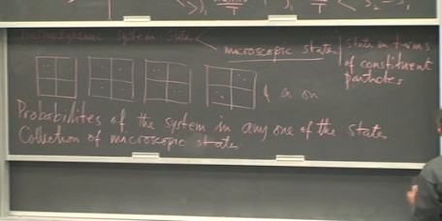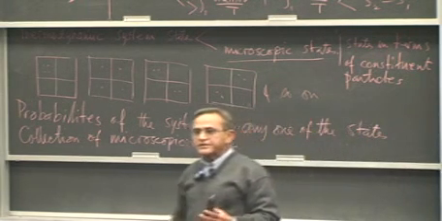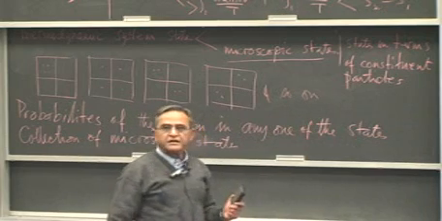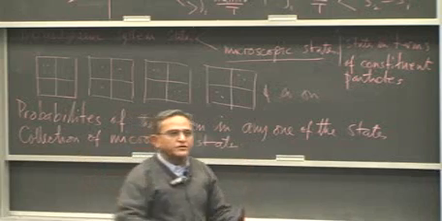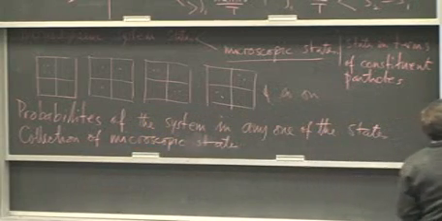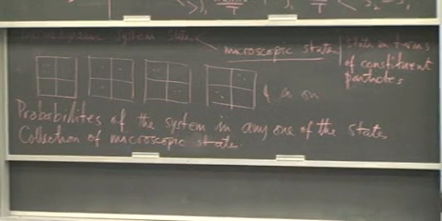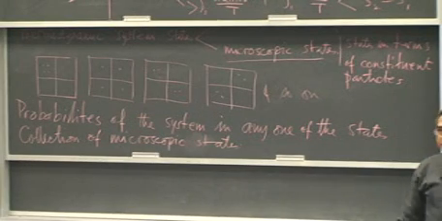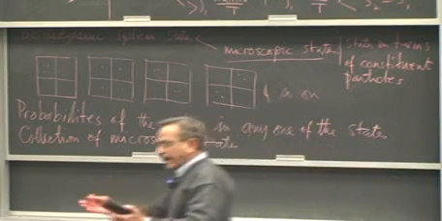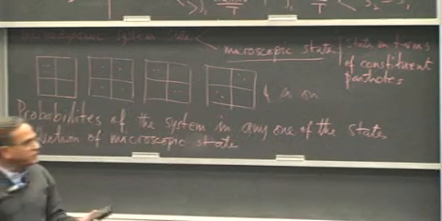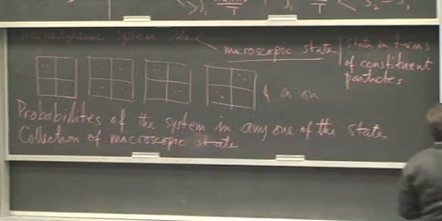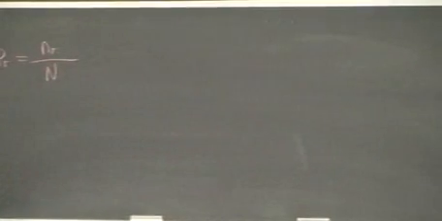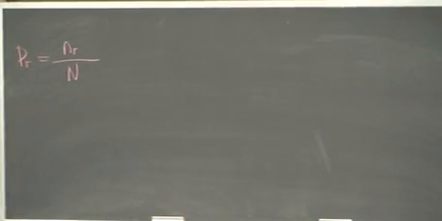Probability of finding the system in state R would simply be, by the laws of probability that you have learned so much, equal to the number of times the state R occurs, divided by the total number of possible states. Okay, this is the usual way of calculating probability.